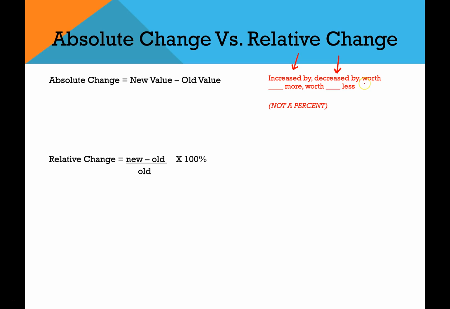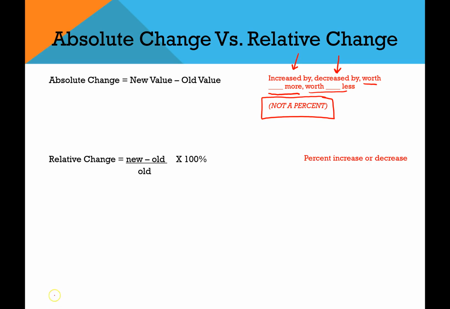Maybe you can say that this house is worth $20,000 more, or my computer that's 10 years old is worth $1,000 less. In other words, when you do absolute change, your answer is not a percent.